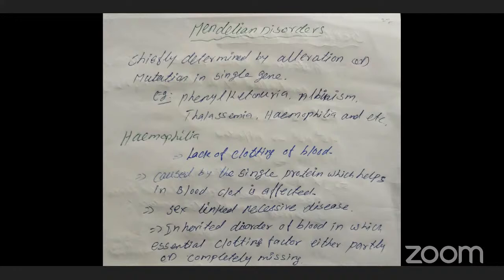Some are also known as metabolic diseases, for example phenylketonuria, alkaptonuria, albinism. Those come under inborn error diseases, which are also known as metabolic diseases. We will discuss them one by one.